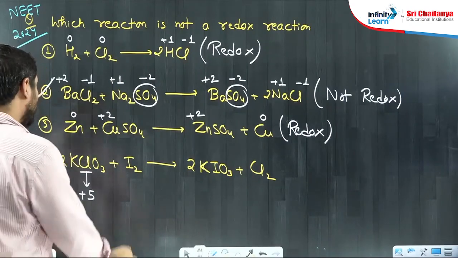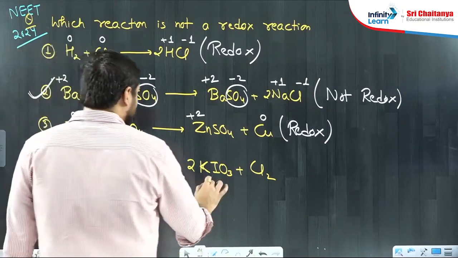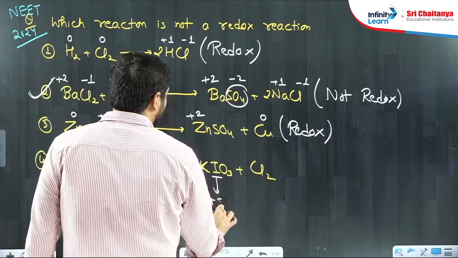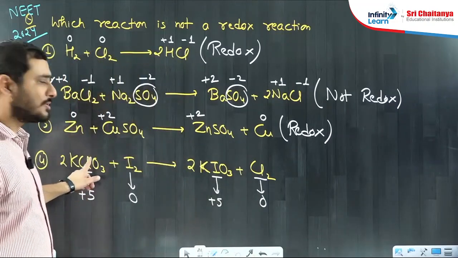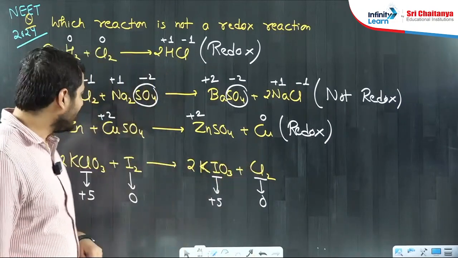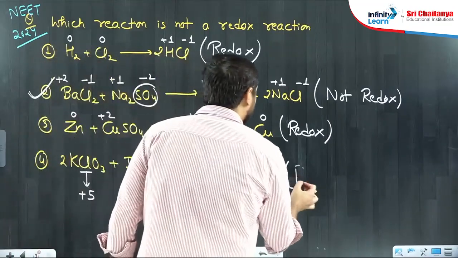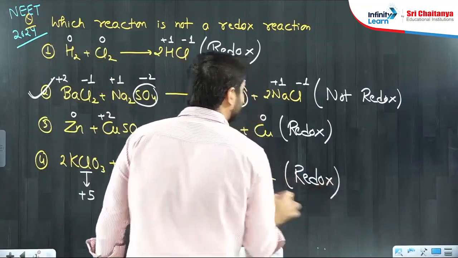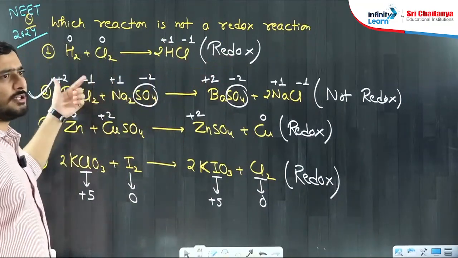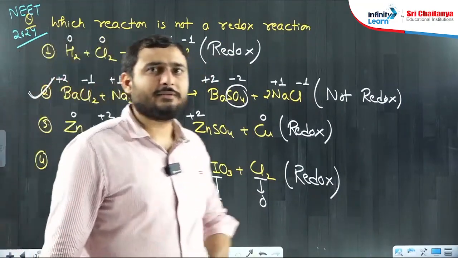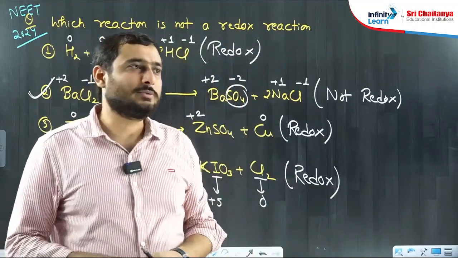In I2, it is 0, elemental state. In KIO3, iodine is plus 5, and Cl2 is 0. So chlorine is getting reduced, plus 5 to 0, and iodine is getting oxidized, 0 to plus 5. So this is also a redox reaction. They are asking which is not a redox, so the answer is option number 2. This is a very easy question from this year's NEET paper, NEET 2024.